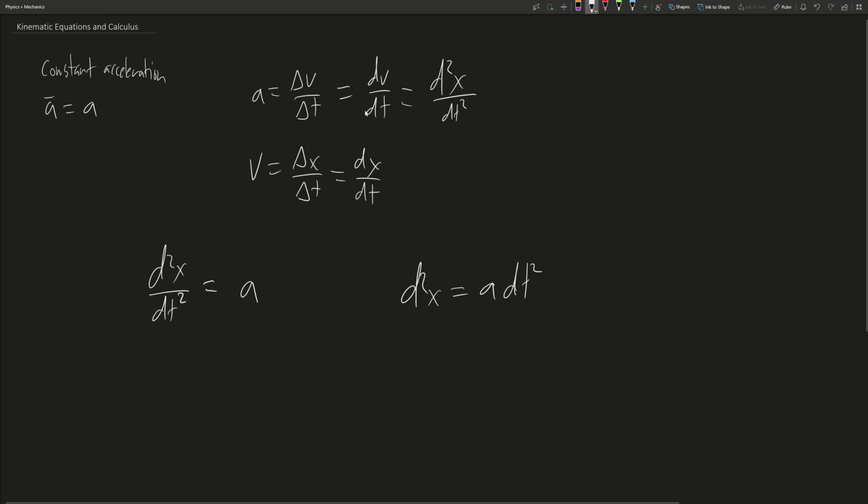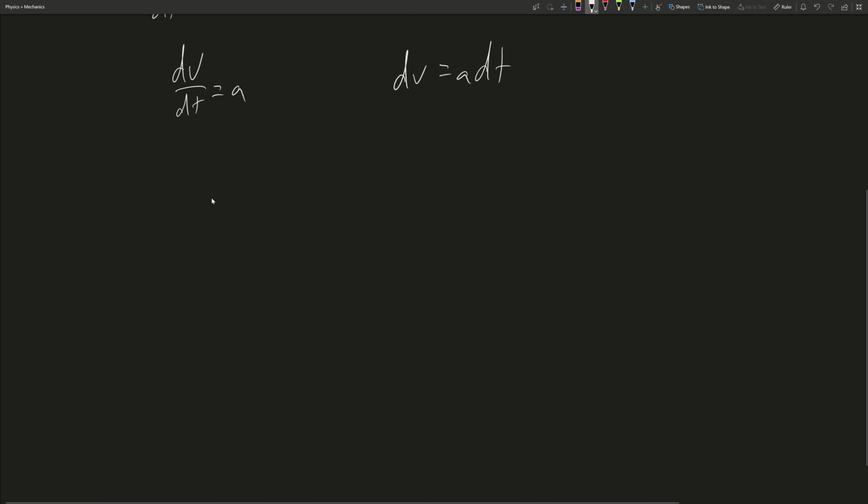Or using this form right here with dv over dt, we have dv over dt is equal to a, and dv is equal to a dt. Now, focusing on this last part, we can integrate both sides of this equation.